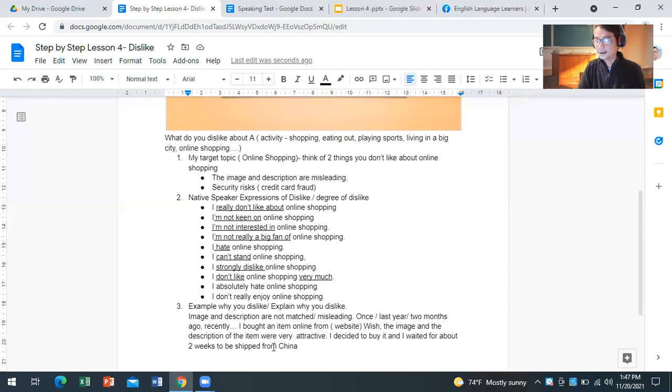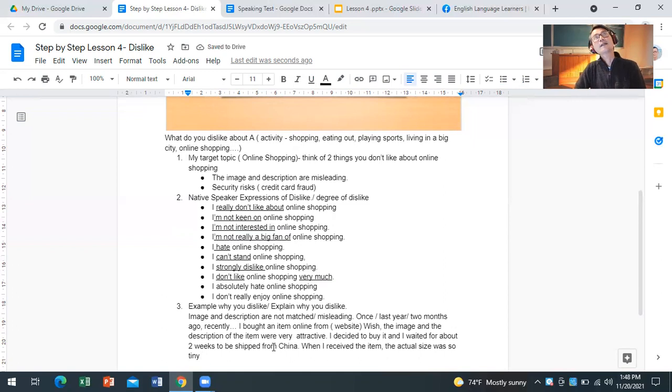Okay. And what else? What happened? Because you explained the situation when I received the item, I use simple past because that happened already. The actual size. I think it's big enough when I wanted to buy it, but when I got it, it was so tiny.